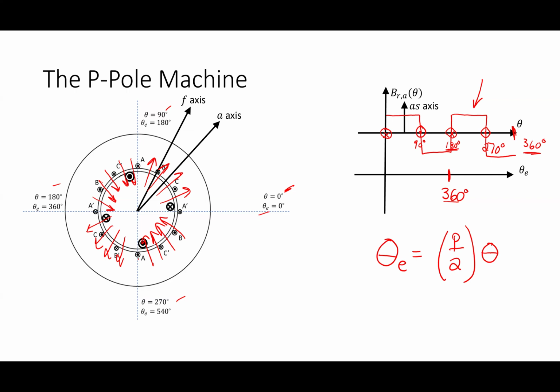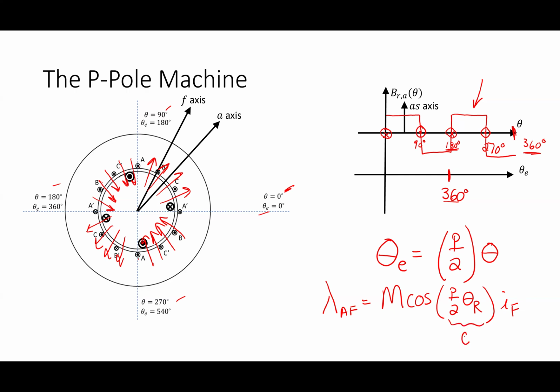So if I talked about what the flux or the mutual inductance would be, like L_AF, or let me say lambda_AF, that would end up being M cosine of P over 2 theta_R times I_F. If I look physically, this is theta right here.